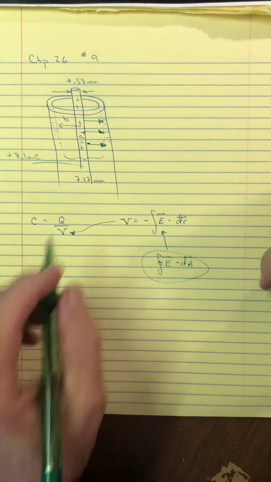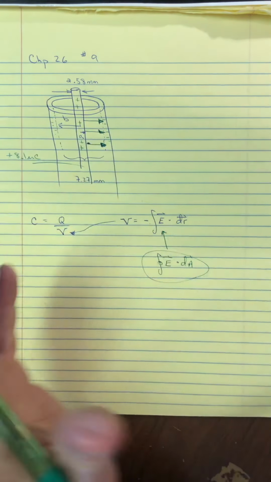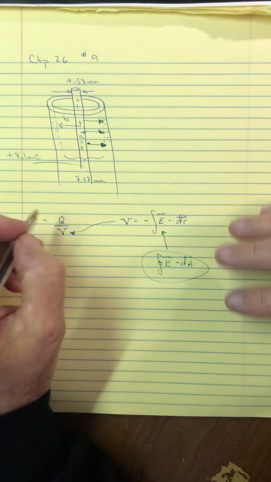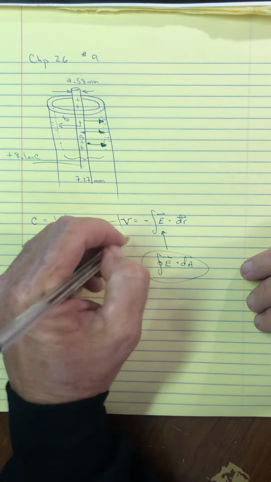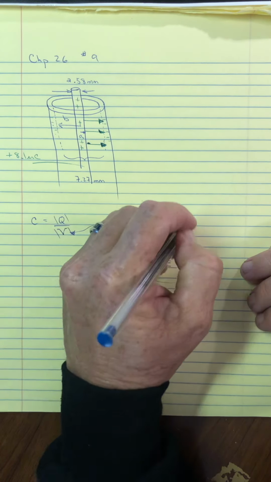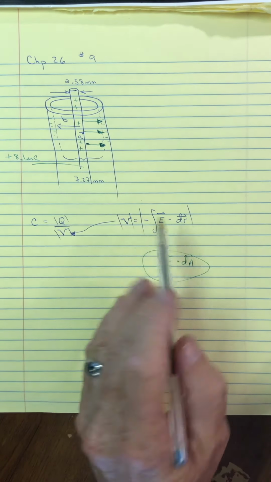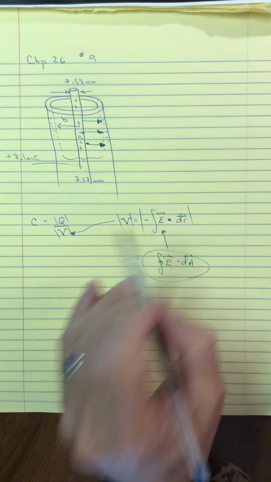Now, even though I made a distinction about which direction the field is, I probably should emphasize that the capacitance is really the magnitude of the charge divided by the magnitude of the voltage. So we could integrate from A to B or B to A. That really would be the same number but opposite in sign.